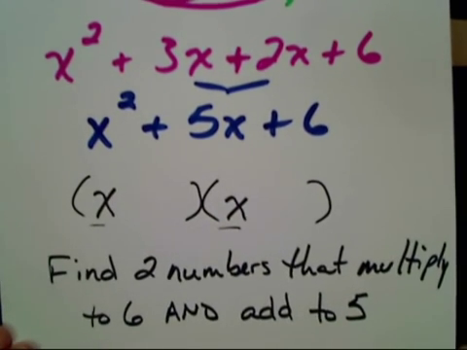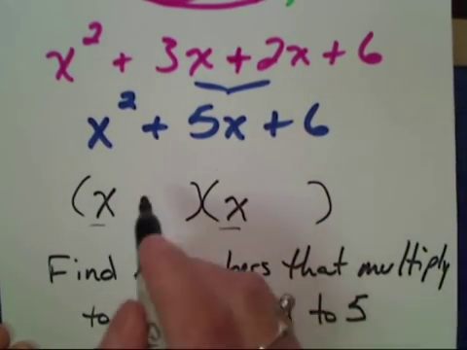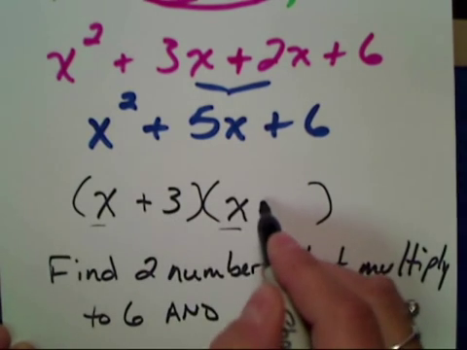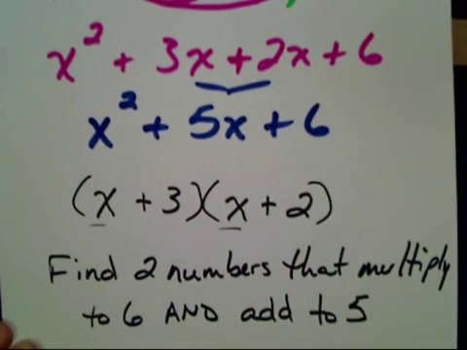Now we would say, hey, 3 and 2, and they both have to be positive. Doesn't matter which one you put first, the 3 or the 2. So that's not so bad.